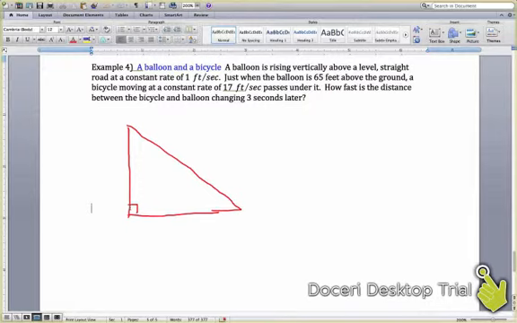So relating these three, they relate with the Pythagorean theorem, distances. I'm going to label the balloon above the ground as y, the bicycle as x, and the distance between the two as z.